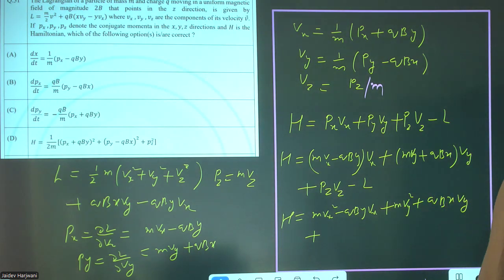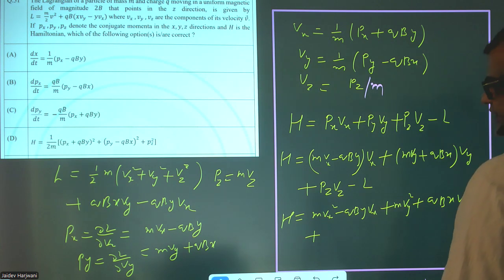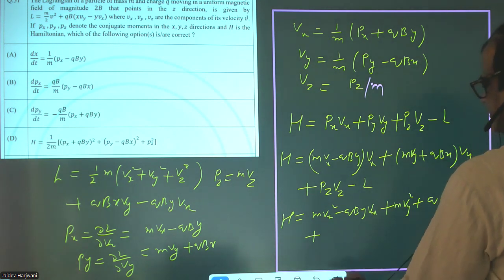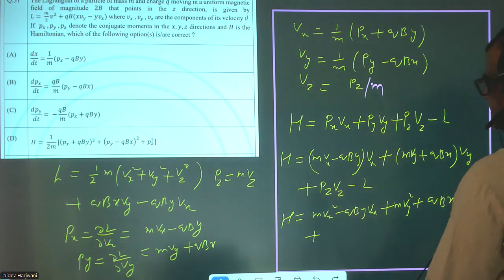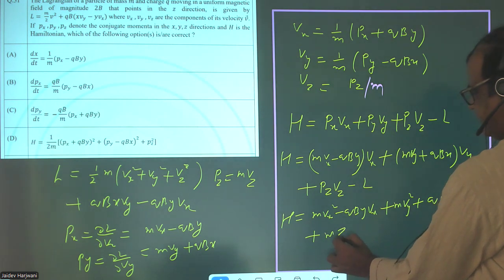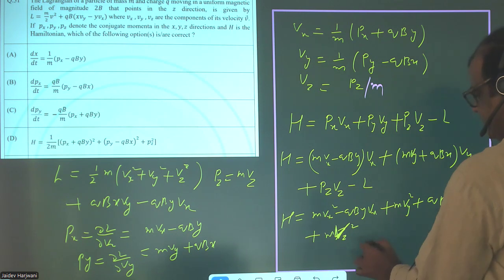So pz, I can write what? If I write the pz value, I did not replace here bz. So pz is basically vz, so this becomes m vz².